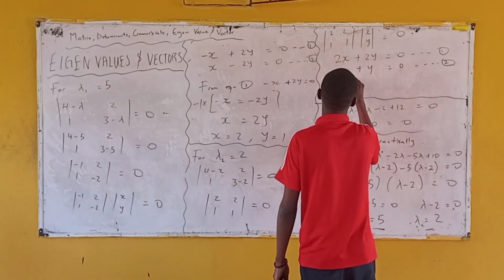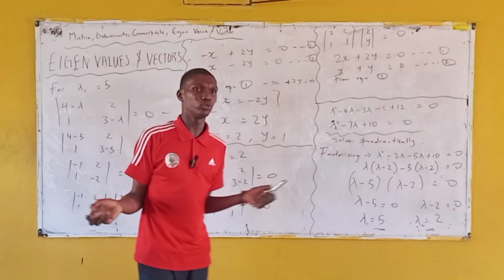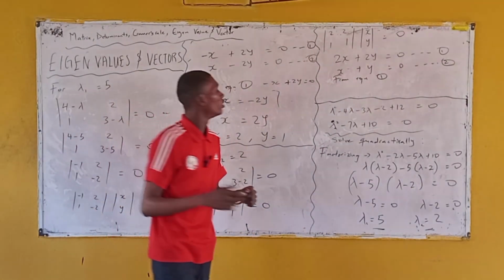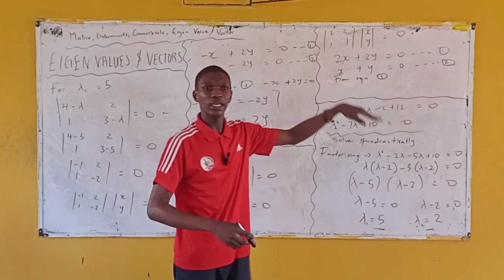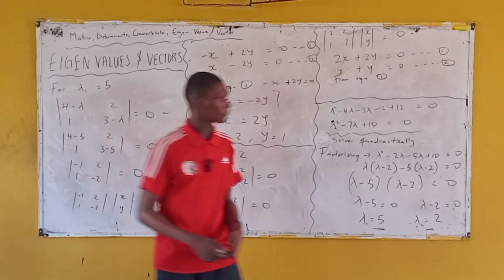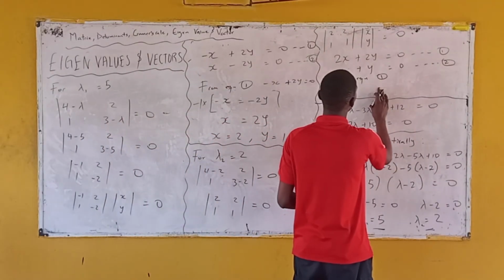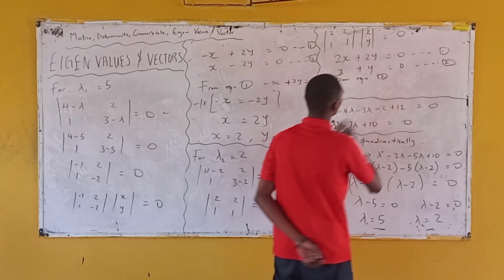From equation 1, like I said, you can use equation 2. It depends on what you want to use. Even if we use equation 1 and equation 2, we are still going to get the same answer. Let's use equation 2.